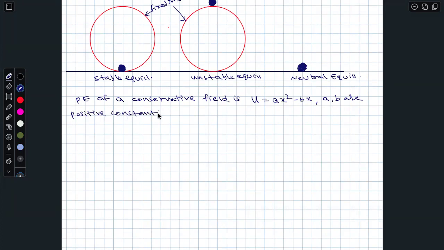First question, find the equilibrium position. Is the equilibrium stable, unstable, or neutral? What is that? So they are questioning.